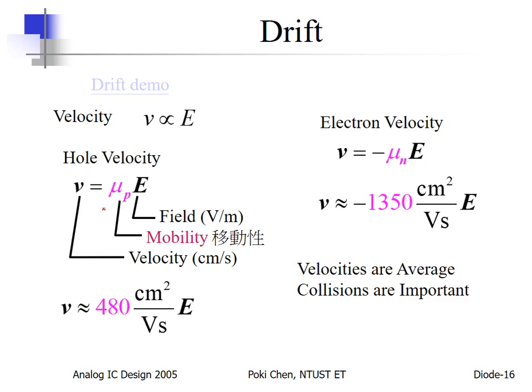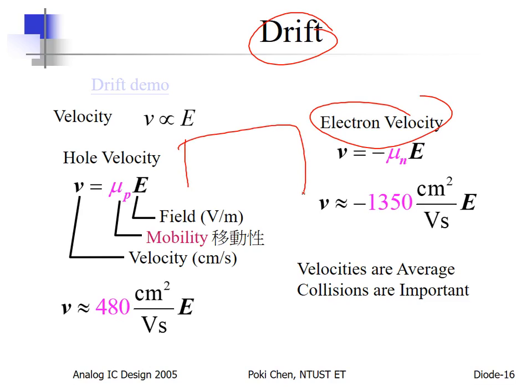Then we go for the drift. How to drift? Just think about electrons. Say this is your semiconductor, any kind of conductor or resistor, positive here, negative there.